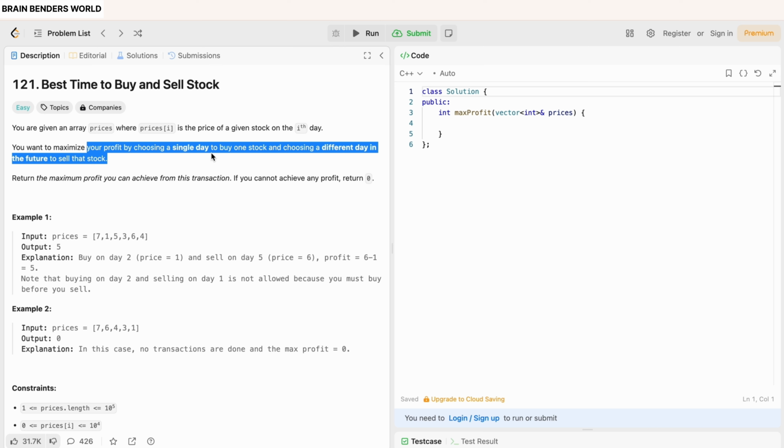Of course there are different ways you can do it. Brute force: just find out the minimum price, iterate the whole array, and then find out the maximum price, iterate the whole array one more time, making two variables like min price, max price, and then do the subtraction and find out the max profit.